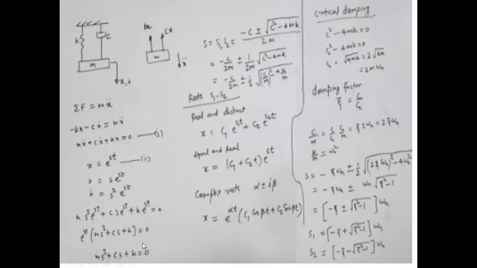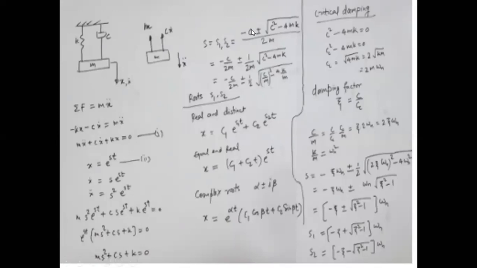Now, for this kind of equation, it will have two roots, s1 and s2. s1, s2 is equal to minus c plus minus under root c square minus 4mk by 2a. Sorry, 2m.